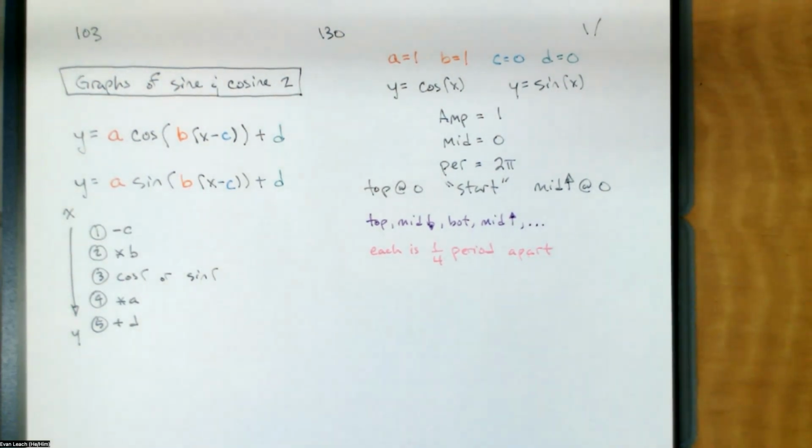It's 1/4 period because 1 period is going around the circle 1 time. Each of these represents what's going on at one of the quadrant angles.